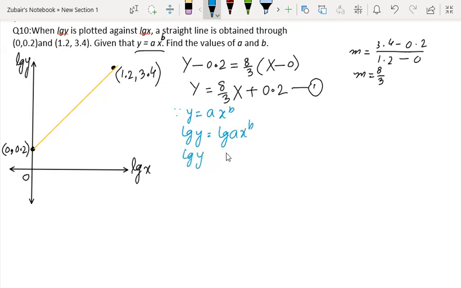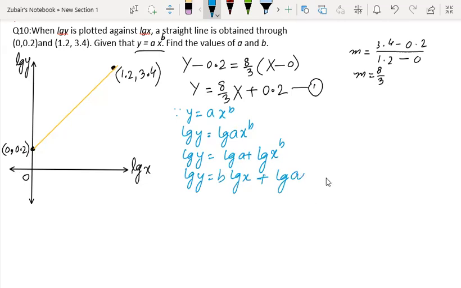So lg y is equal to lg a plus lg x power b. We multiply this power with its coefficient using the log property, so this will become b lg x plus lg a.